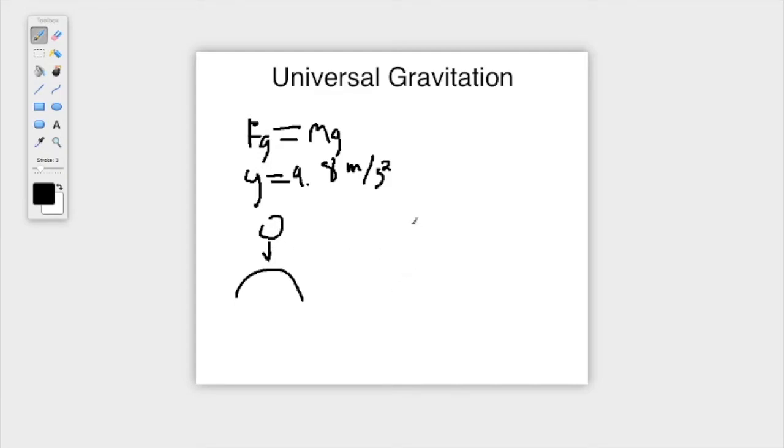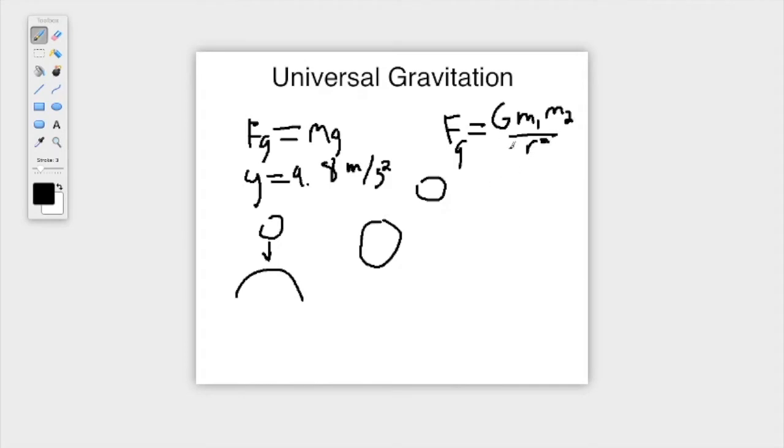But say we're outside of the Earth's gravitational field, like if this is orbit, right? We can no longer use this anymore. So this is why Newton was able to derive another equation, which is F equals big G times mass 1 times mass 2 over r squared.